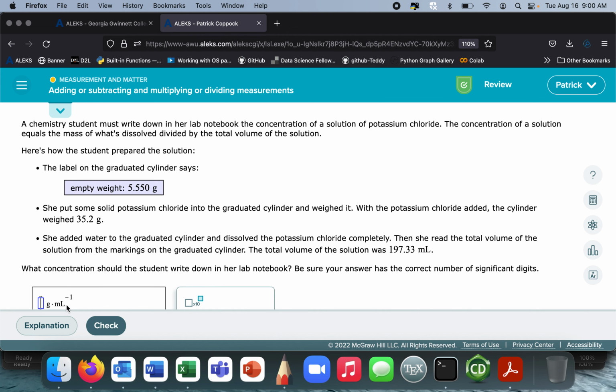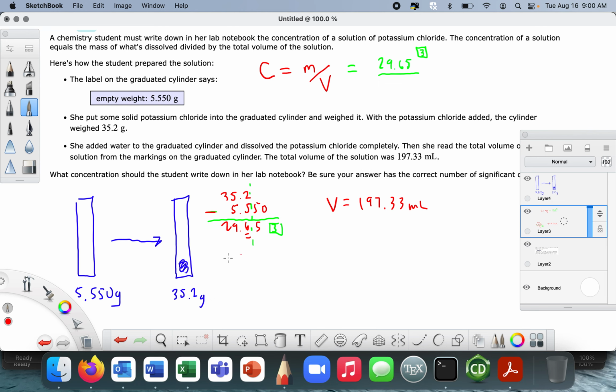And it looks like our answer is in grams per mil. Okay, that's good. So we're basically there then, right? We now know that our volume is 197.33. And this is in mils, and that's what we want. This was in grams, and this is in mils, right?